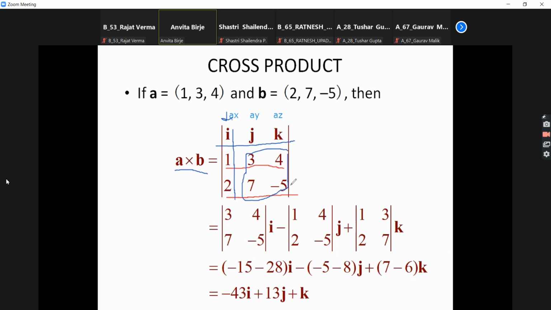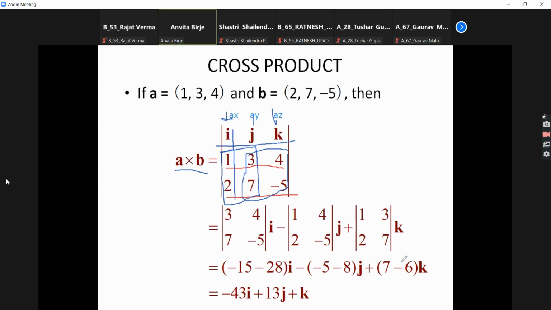So 3 multiplied by -5 I considered. When you consider the second column, that time 1, 2, -4, and -5 will be there to calculate the determinant. And when you consider the third column, that time these 4 numbers will be there: 1, 2, 3, 7.